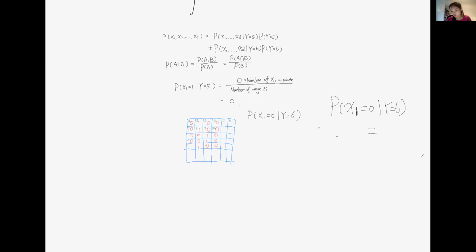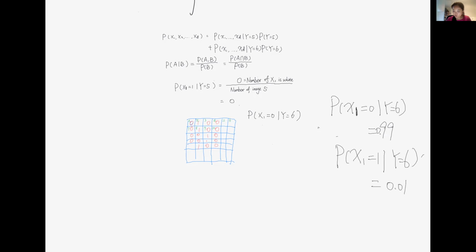Let's not make it 100%, let's say it's a 0.99 chance, which makes x1 being 1, which is white, 0.01. So that is what we get from the training data set.